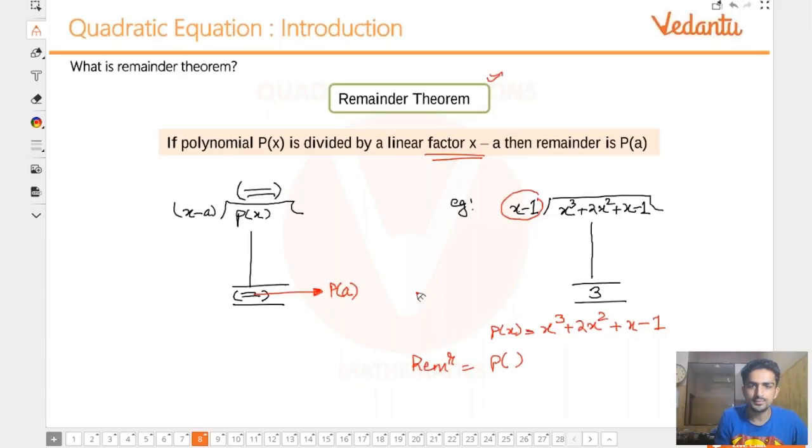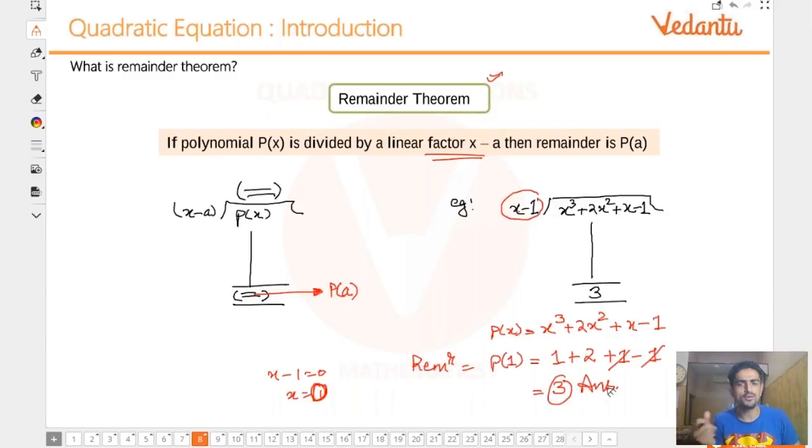Let me do it here. Just put x minus 1 equal to 0, x comes out to be 1. So value of p at 1: 1 cube plus 2 into 1 square plus 1 minus 1, you get 3. Straight away. You need not divide it. Straight away you get your answer.